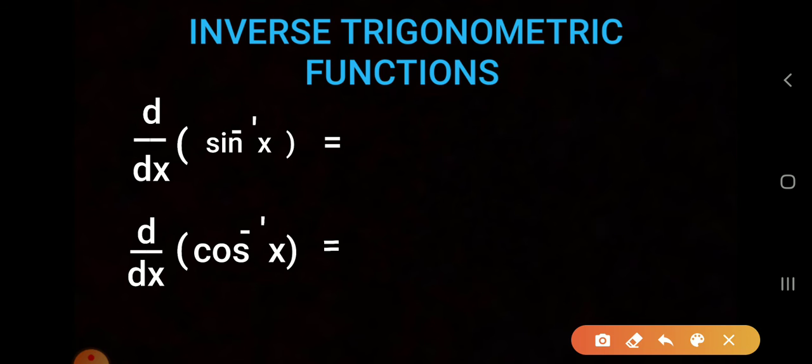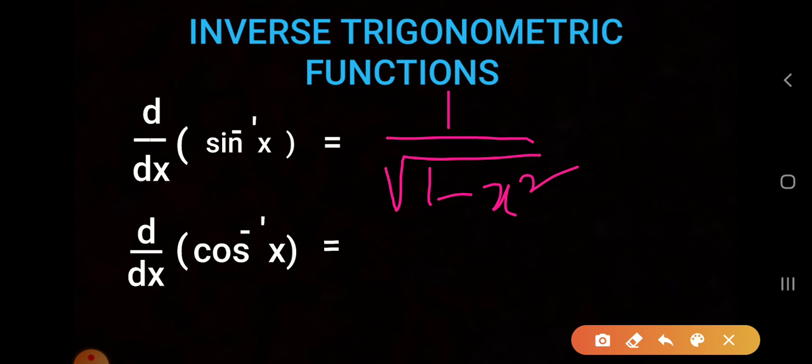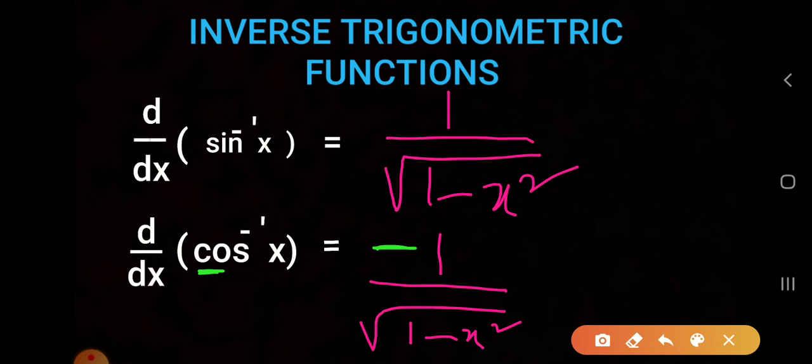Inverse trigonometric functions. The derivative of sine inverse x is 1 by square root of 1 minus x square. The derivative of cos inverse x is the same, but again it starts with C, so you should keep a minus. Sin inverse x and cos inverse x are the same but with a small difference, that is the minus in cos inverse x. The derivative of sin inverse x is 1 by under root 1 minus x square, and the derivative of cos inverse x is minus 1 by under root 1 minus x square.